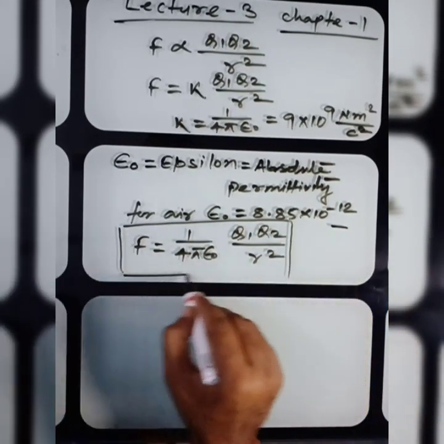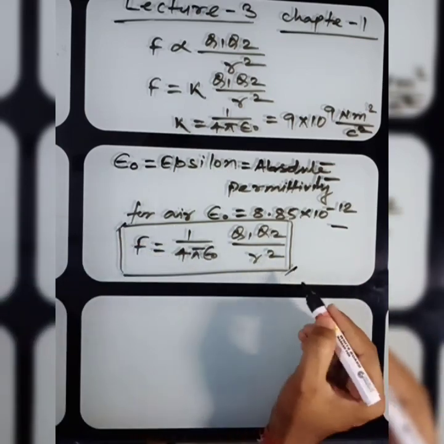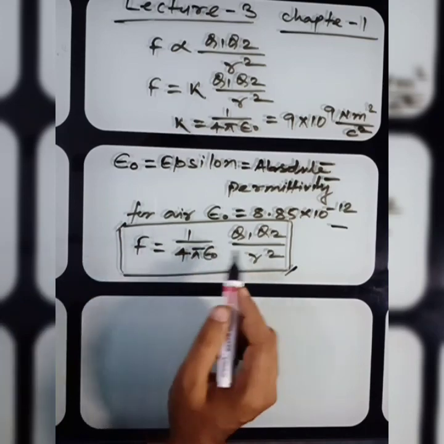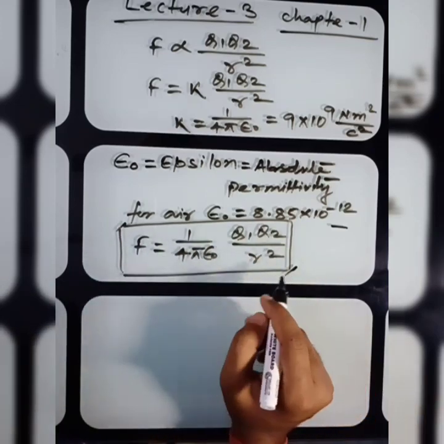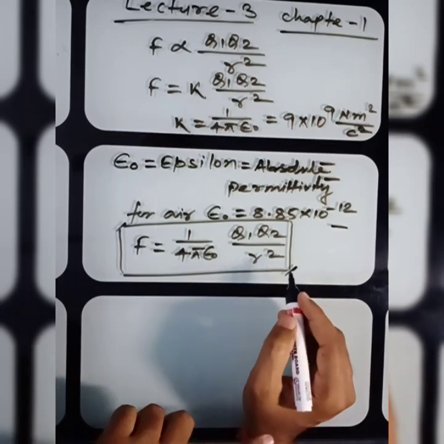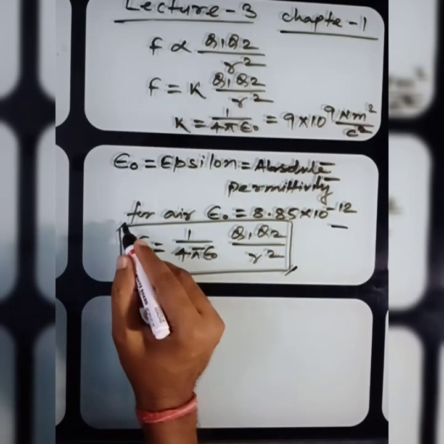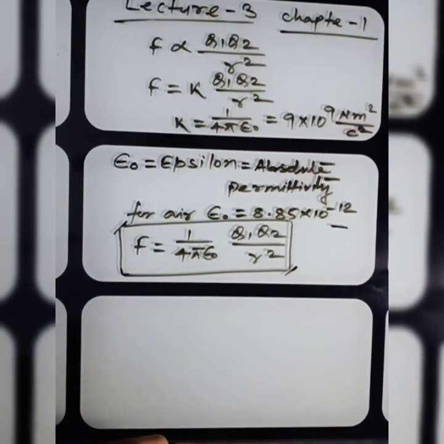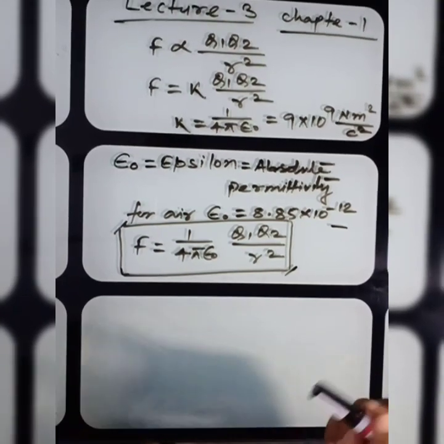Remember students, while solving numericals, we use the magnitude of the force by this formula, and the direction of force we'll try to understand in the next video lecture by the vector rule. So this is all about today's lecture number 3, students.